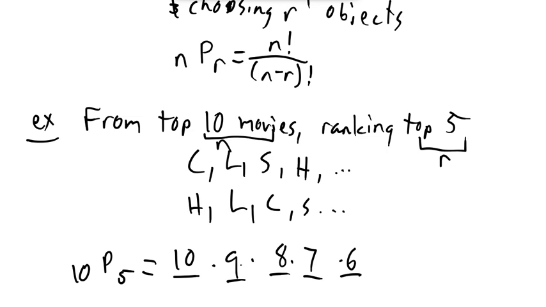We take this number and we multiply down from it. This will tell us the total number of different options we have for ranking our top 10 movies from first to fifth, whatever that number comes out to be, which let's put it into our calculators. Turns out there are 30,240 different ways to rank your top 10 films, choosing the best 5.